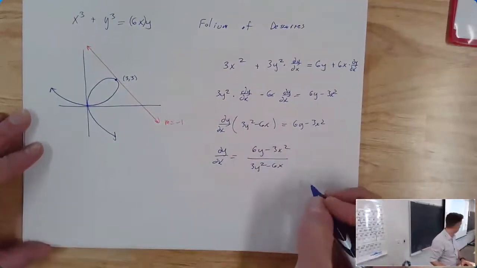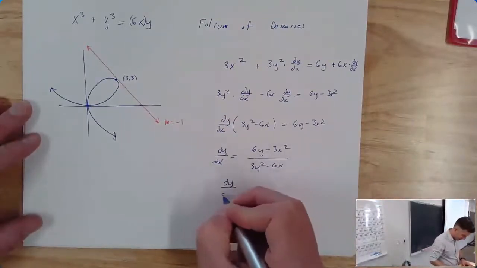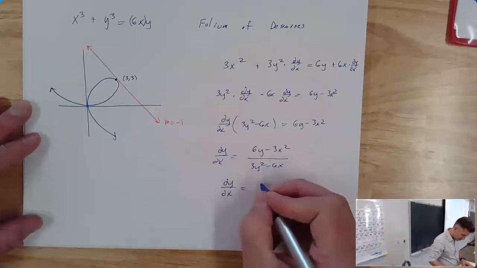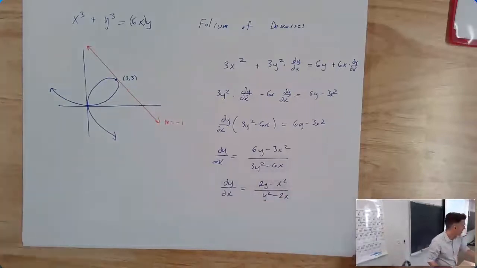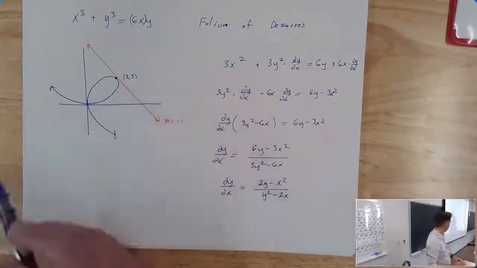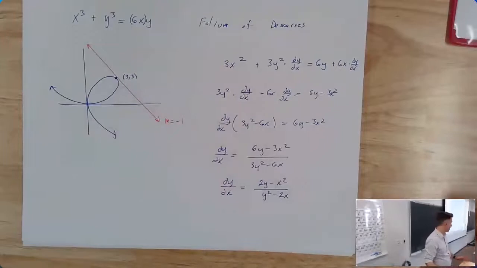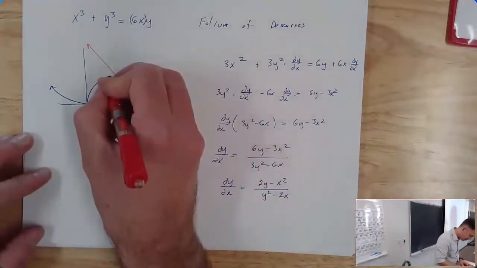This can be simplified a little by factoring out 3 from the top and bottom. So dy dx is equal to 2y minus x squared over y squared minus 2x. We did that last time. And then we see that if you plug in the point 3, 3, you do indeed get a derivative equal to -1. Great.